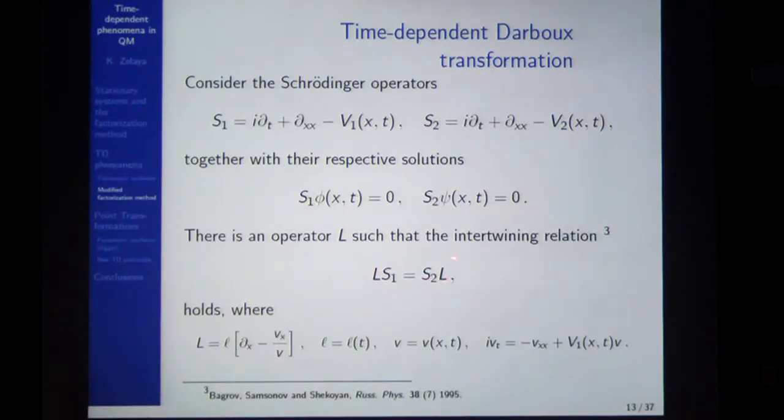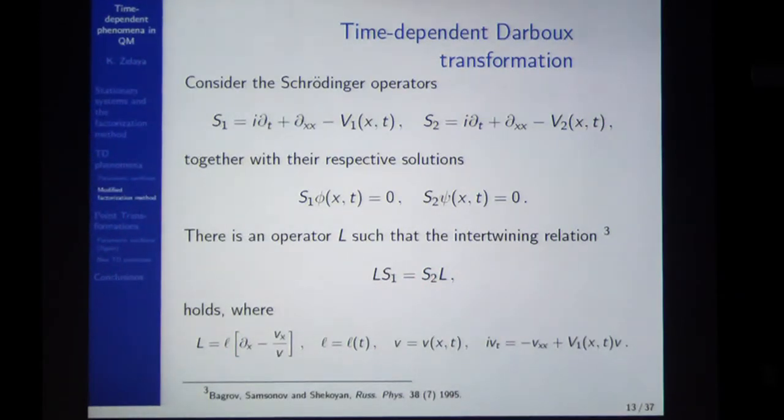These intertwining relations are such that they do not ensure the orthogonality of the new set of solutions. Most of you may ask, what is the problem about the orthogonality? Indeed, there's no problem, but it is better to have an orthogonal basis to work with. It is much more difficult to work if the eigenfunctions are not orthogonal. So this is one problem.